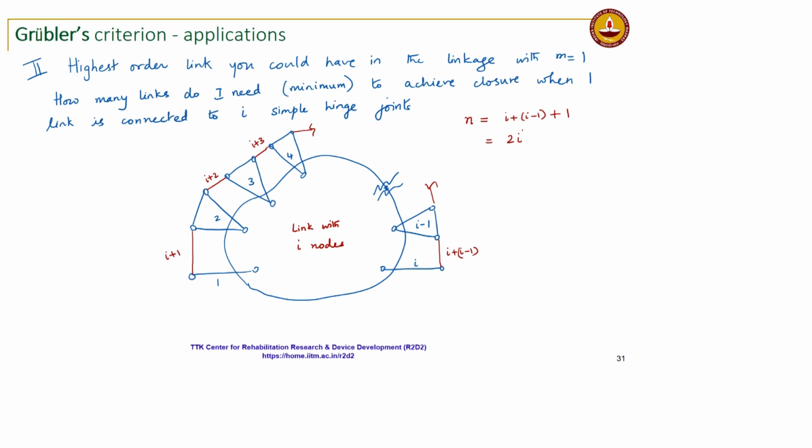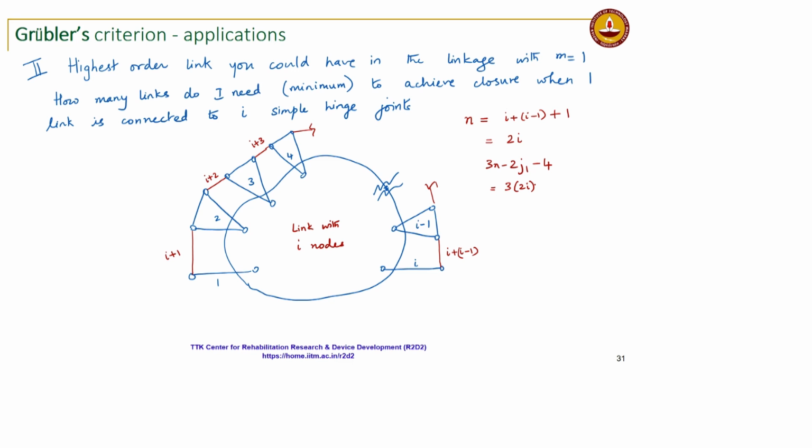Now, I do not know yet that I have a single degree of freedom mechanism. So, let us check Grubler's criterion. Okay. So, 3n minus 2j1 minus 4 should be equal to 0. So, 3n is 3 into 2i. What is the number of joints that you have? Count the number of joints.